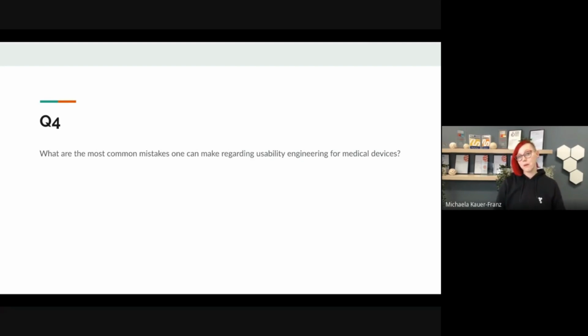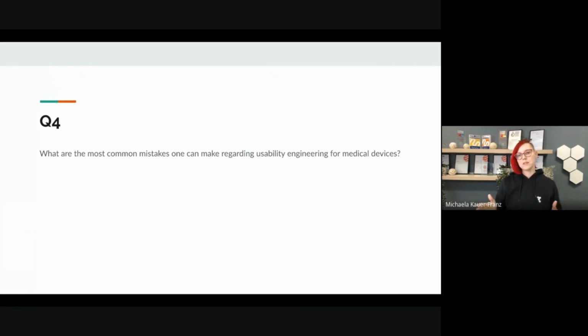We often see problems which come with the QMS of the manufacturers, because they set up their system, they have a look at the usability engineering process, and they implement it as in the standard, which is basically fine.